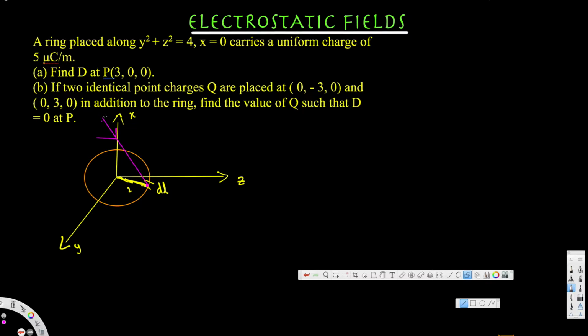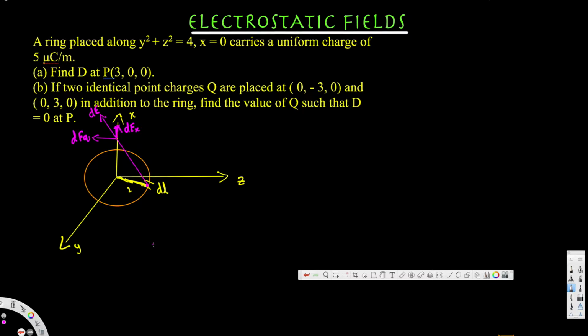So let's say this is dE, due to this small portion, and that's going to have two components: this is dEx and this is going to be dE rho. Okay, so this is how the diagram is going to look.